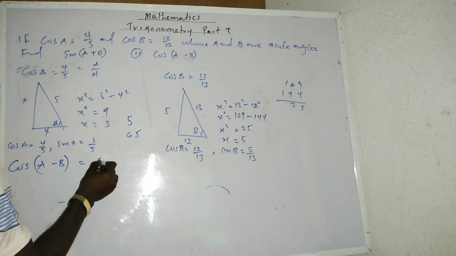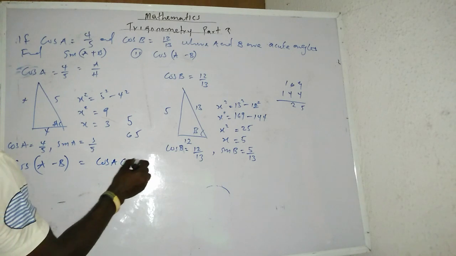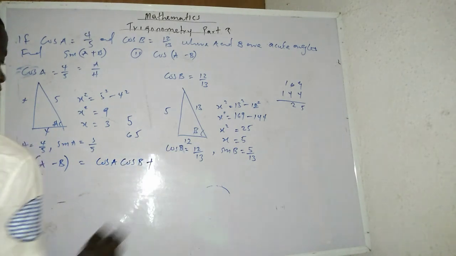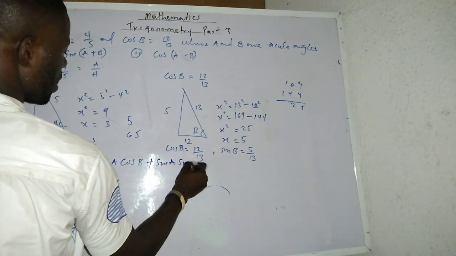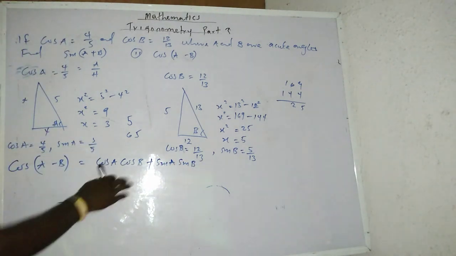If I have cos, it will be cos A cos B minus or plus sin A sin B. Now, what is my cos A cos B?